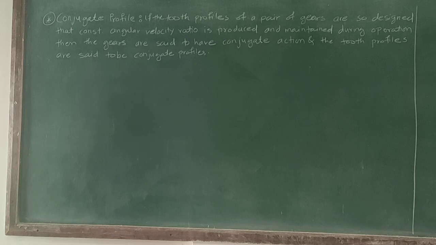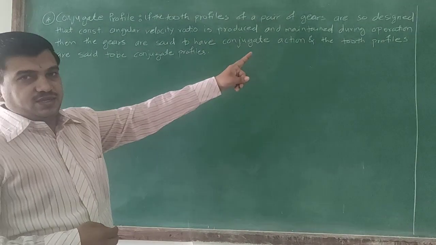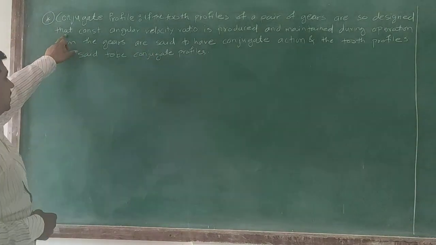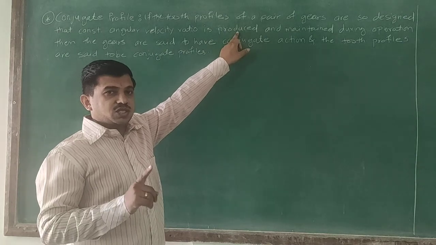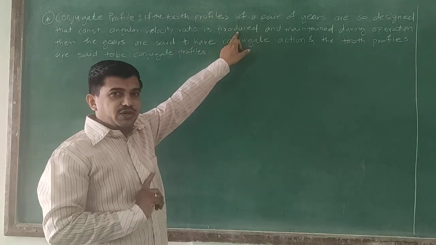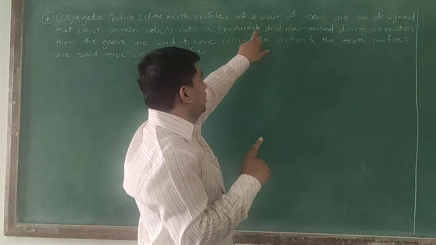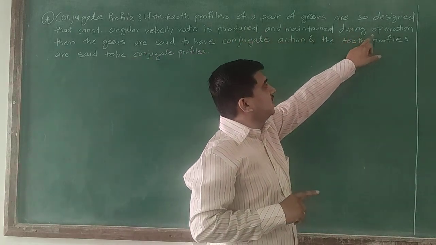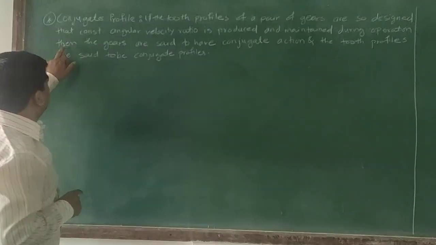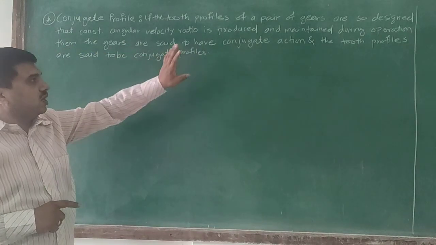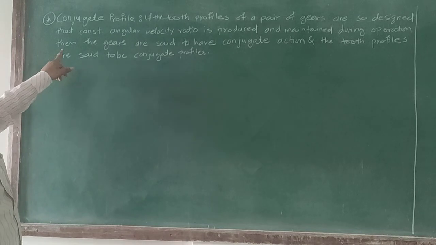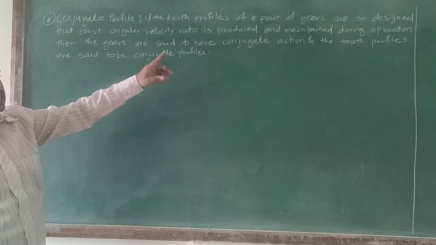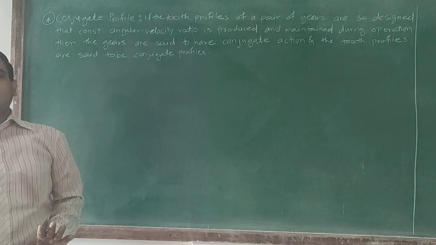If the two profiles of a pair of gears are so designed that a constant angular velocity ratio is produced, that is the first task, and it is maintained during the operation, then the gears are said to have conjugate action. So it is not only about producing the constant angular velocity, but also maintaining it throughout the operation.